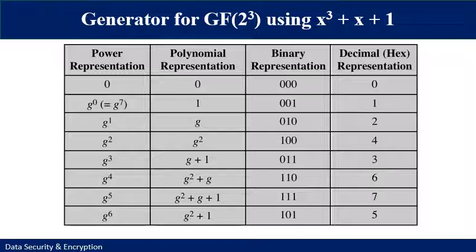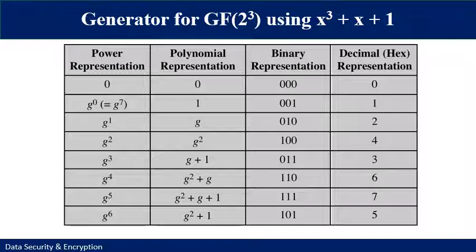Thus the generator g must satisfy f of g equal to g cubed plus g plus 1, and that must be equal to 0. You should keep in mind, as discussed previously, that you do not need to find the numerical solution for this equality.